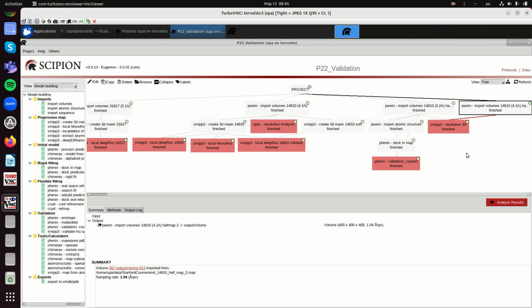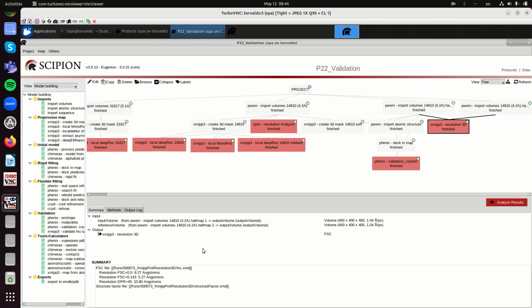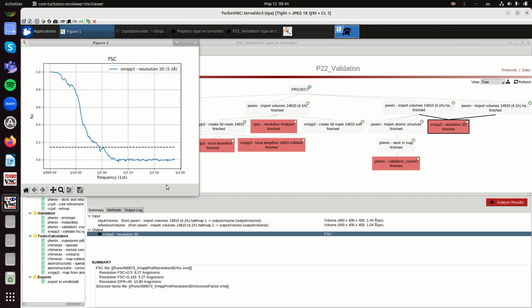So we can compare the resolution between these two, the FSC between these two. So the FSC between these two is 5.3. So it seems that this claim of 4.2 is an overstatement of the underlying correlation.